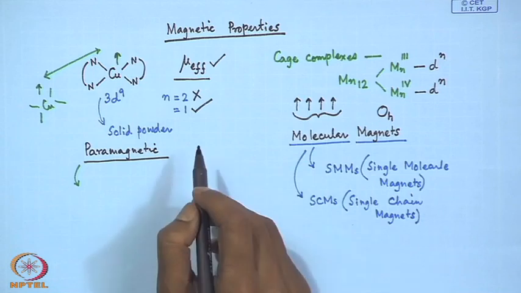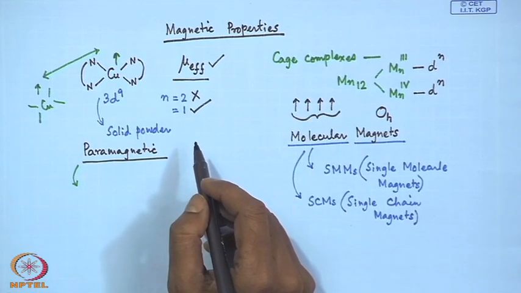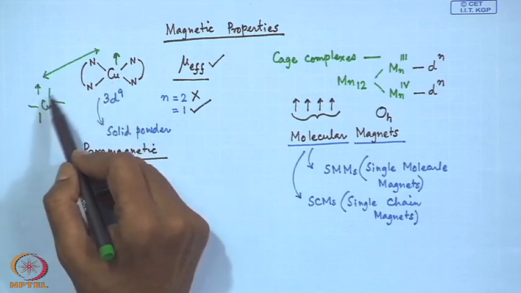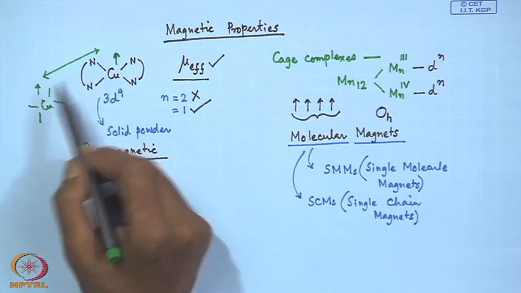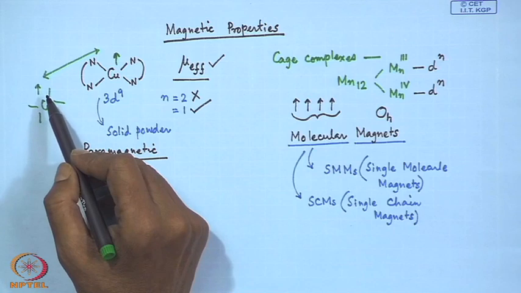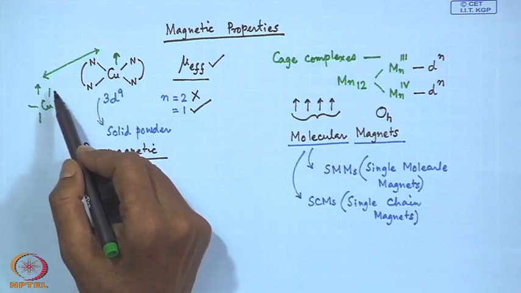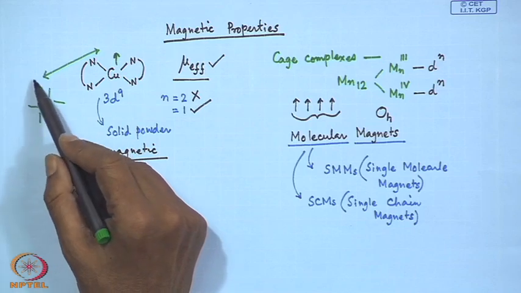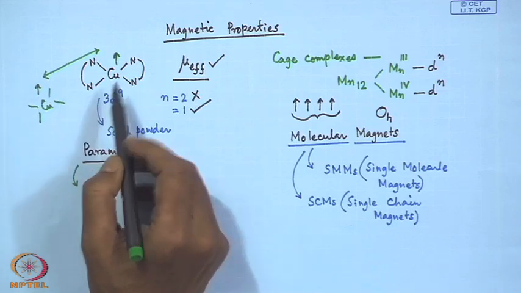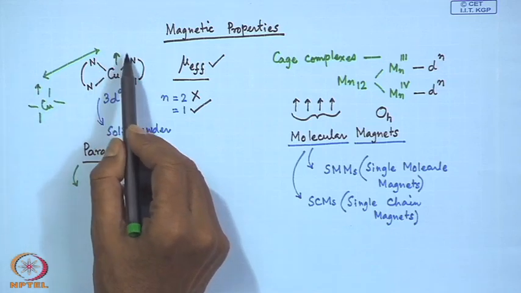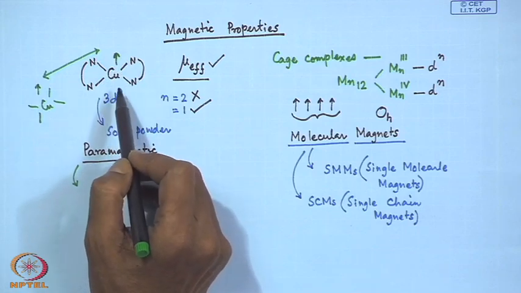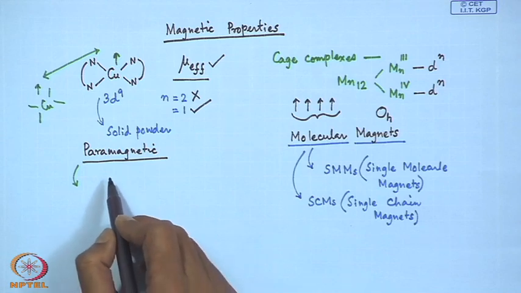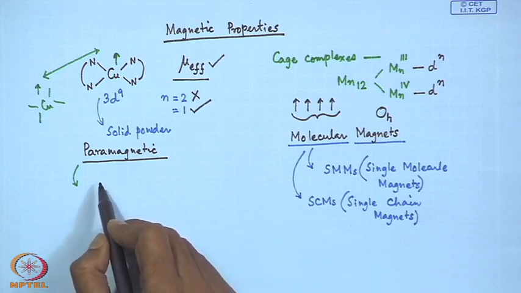That means if these two unpaired electrons are close enough, they can interact with each other, and sometimes they can share, such as two magnetic orbitals: the magnetic orbital of this copper center can interact with the magnetic orbital of the second copper center, and as a result we can have 2 or 3 different types of magnetic interactions.